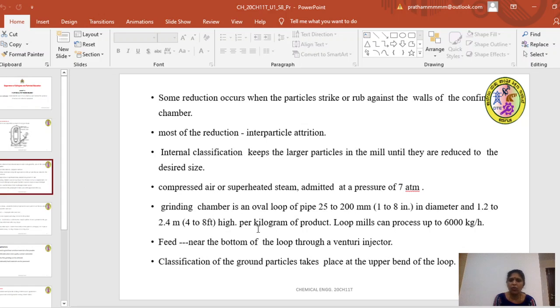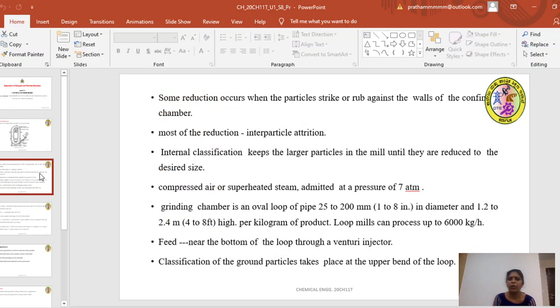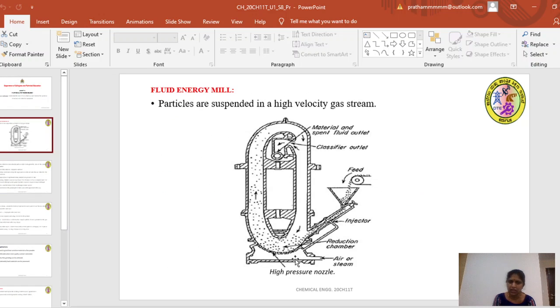And the oval loop, the grinding chamber, is 25 to 200 mm in diameter, and the height will be about 1.2 to 2.4 meters.